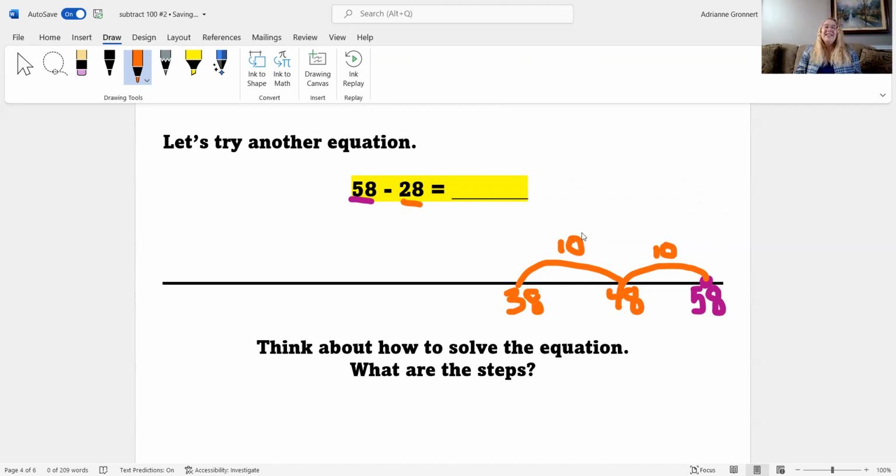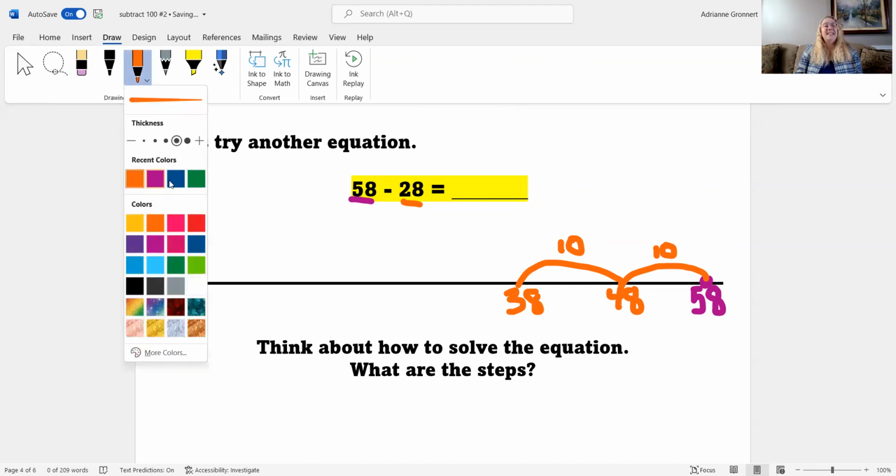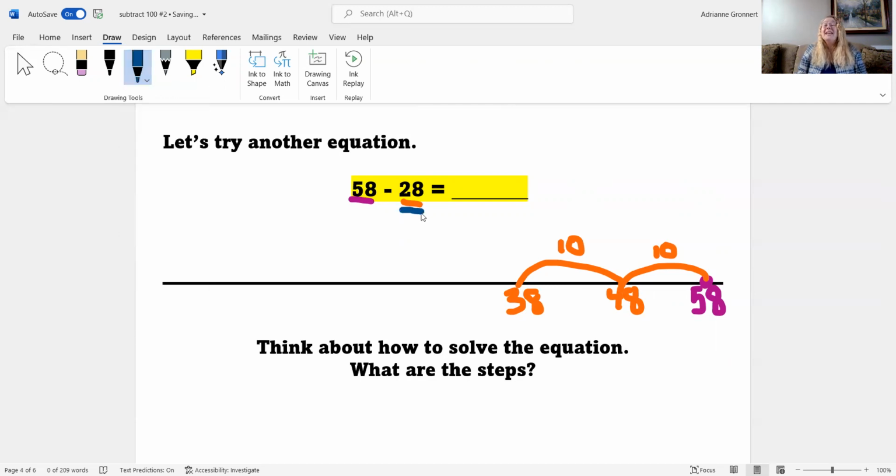Yes, I look at the subtrahend again. Yes, the second number in the equation, and I see that the number 28 has 8 ones. So I need to make 8 small jumps backward on my number line. Let's do that together. 1, 2, 3, 4, 5, 6, 7, 8.